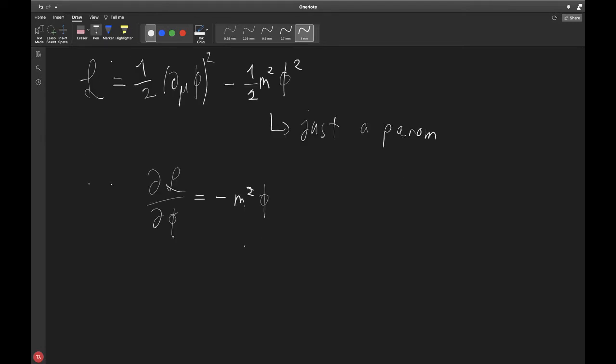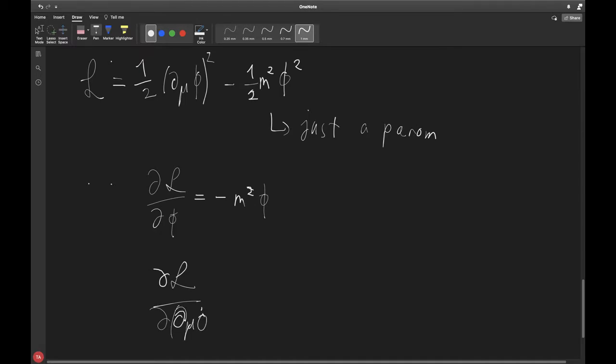And then the right hand side, it's very similar to what we saw earlier. We take the derivative of the Lagrangian by the derivative of the field, and the phi derivative squared is just going to be 2 times the phi derivative, and that destroys the 1/2, so we are just left again with a derivative of the phi.